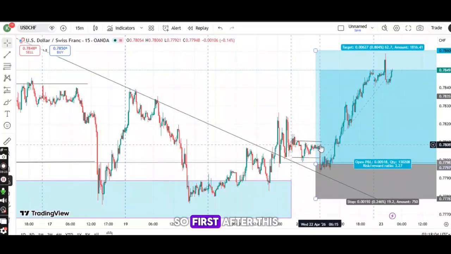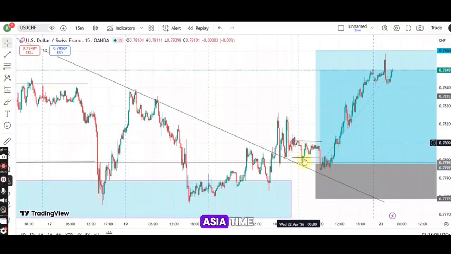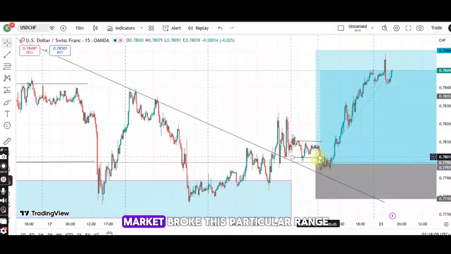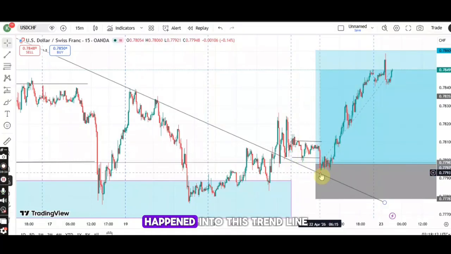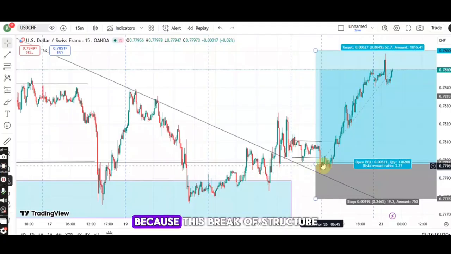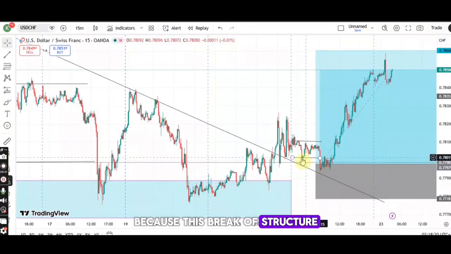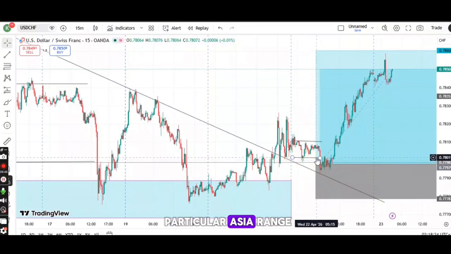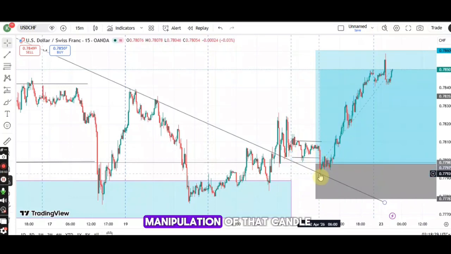So first, after this Asia range, in the New York session, the market broke this particular range, tapping into this trend line as I expected. This is a confirmation for me because this break of structure, this break of this particular Asia range, is what caused the manipulation of that candle for the day.